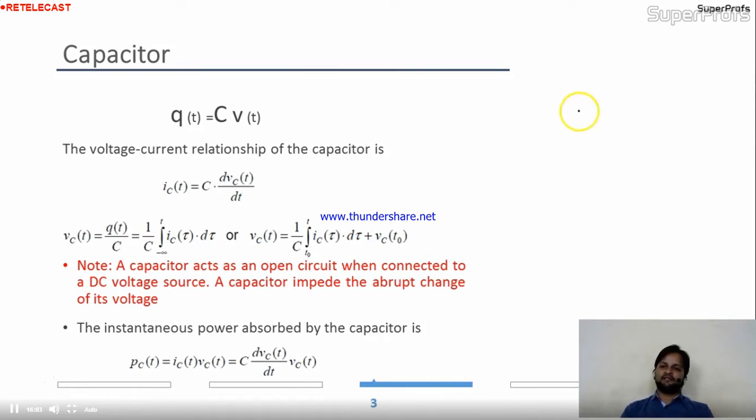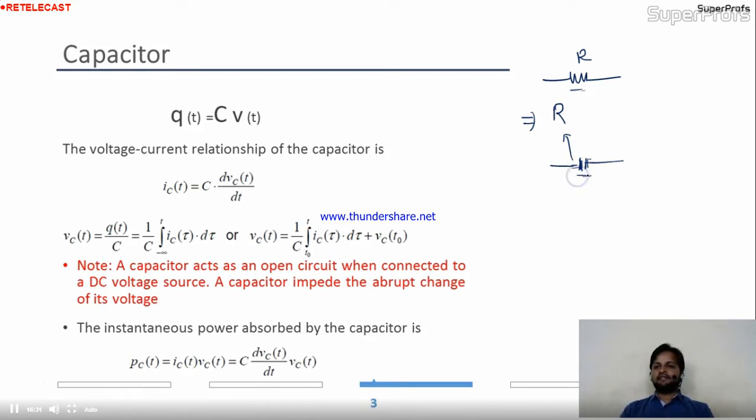See friends, suppose you have a resistor R. Resistance of the circuit is given by this. But if you have a capacitor, what is the resistance of the capacitor? This is also an electrical element, so it will have its own resistance.